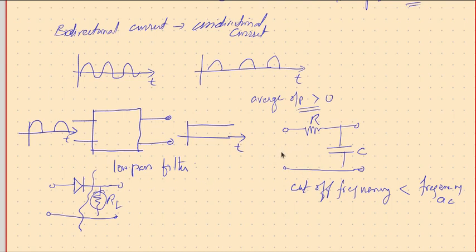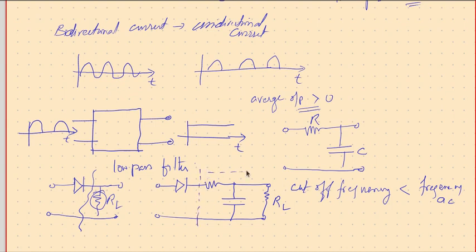So we need a diode here, and then we can have this resistor and this capacitor. We are talking about this circuit, and then we can connect our load resistor here, across which we are interested in getting a constant output. So this is our low pass circuit we are talking of.